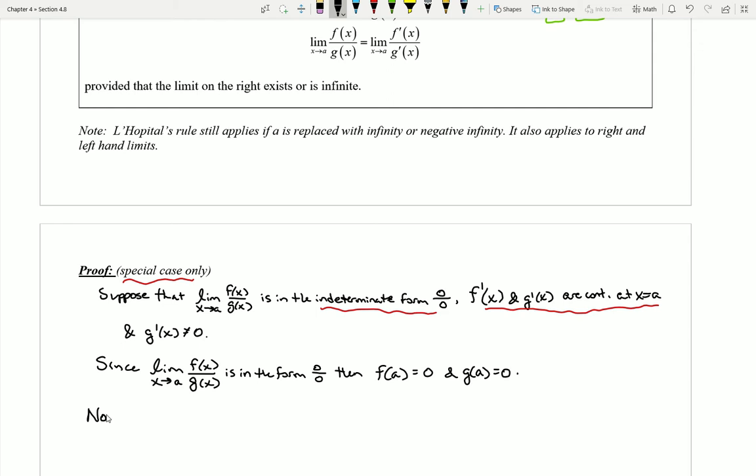I can then easily state that, note that since f prime of x and g prime of x are continuous at x equals a, that's what we're starting with up here, then I can state that this means that regular f and regular g, notice if they're continuous at this value, then that means that they must be defined there, right?